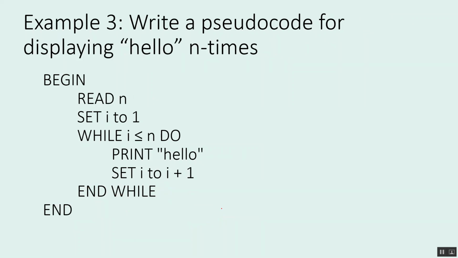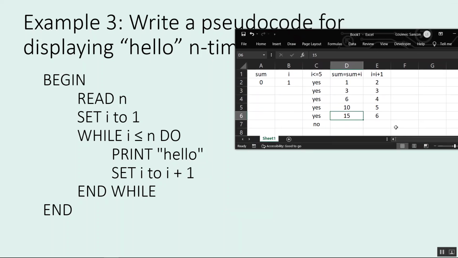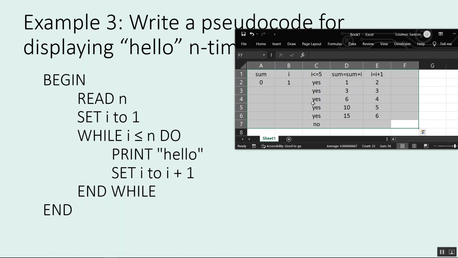So we have another one, write a pseudocode for displaying hello n times. So when we say n times, we will determine how many times the pseudocode will display hello, and it depends on the user input. Okay? Now we will try to create a table for this.